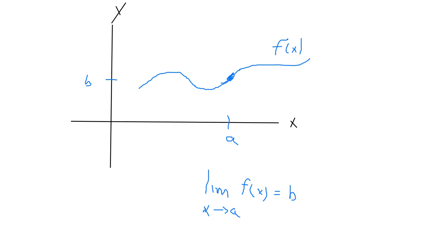And that's because you can approach A from the right or the left, and you wind up with the same value. So in calculus, when you learned about limits, you had two-sided limits, okay?